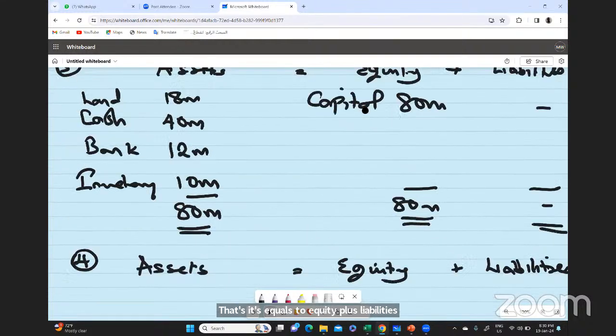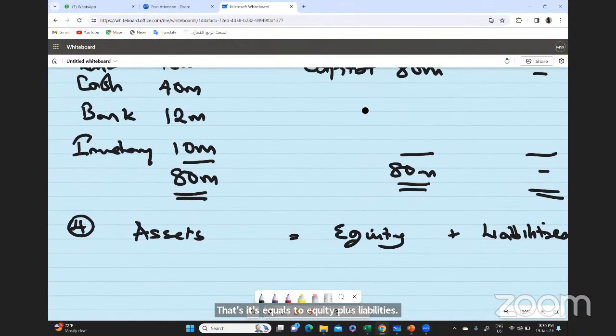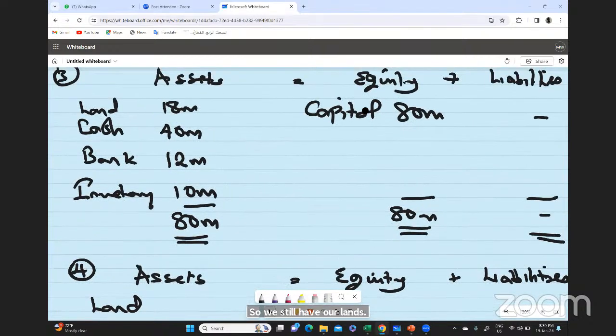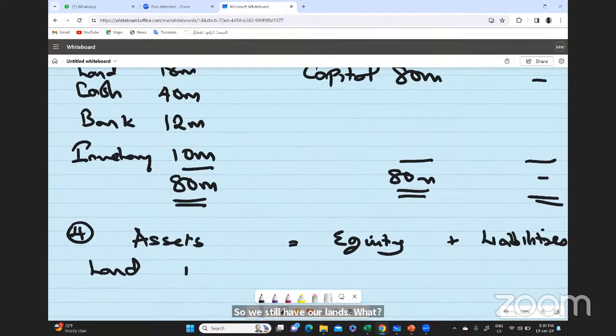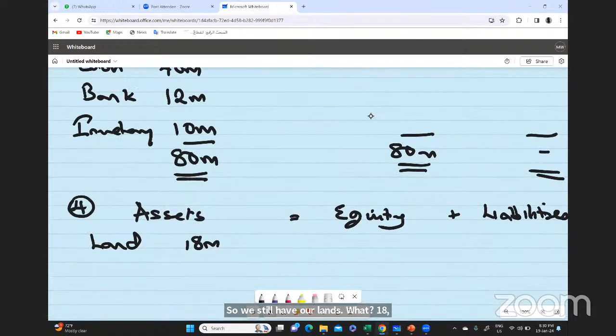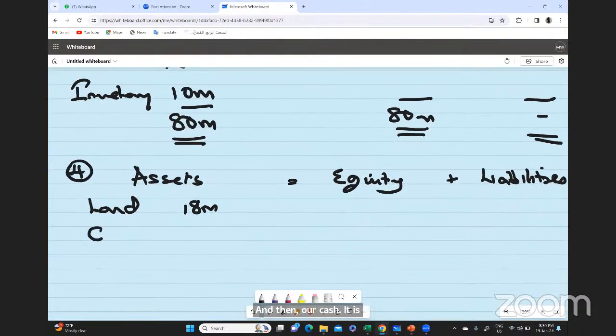From our previous position, land has not changed. So we still have our land worth 18, and then our cash is still 40.